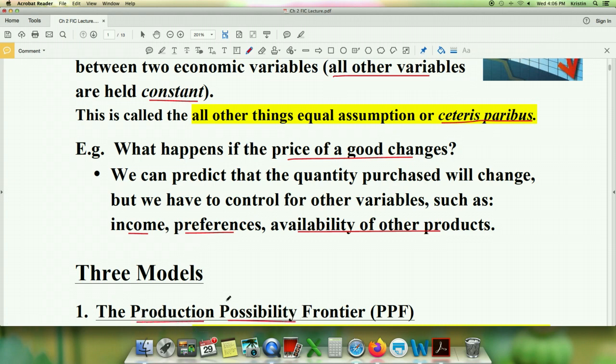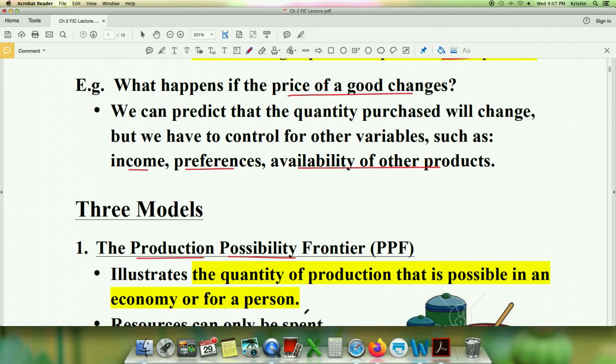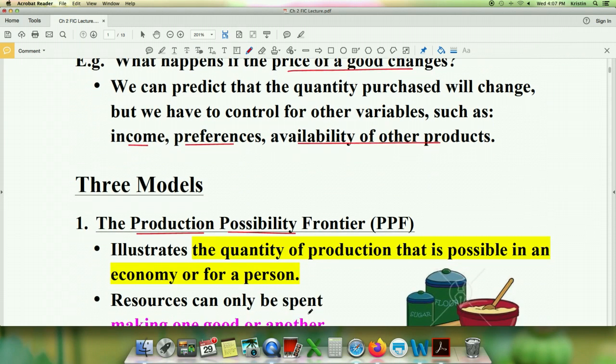We know that everybody has scarce resources, and so because resources are scarce, the possibilities for production are limited. This graph illustrates the quantity of production that is possible in an economy or for a person.